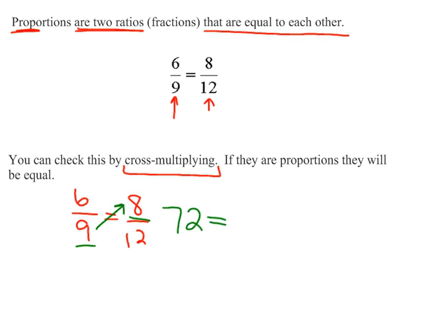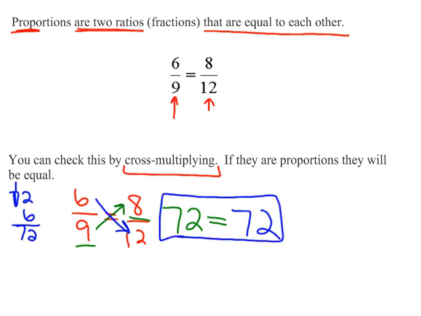And this is going to be, if we have a proportional relationship, equal to 6 times 12, which is also 72. So because our cross multiplication produced this correct answer, 72 equals 72, we know that these are like fractions. These are proportions.